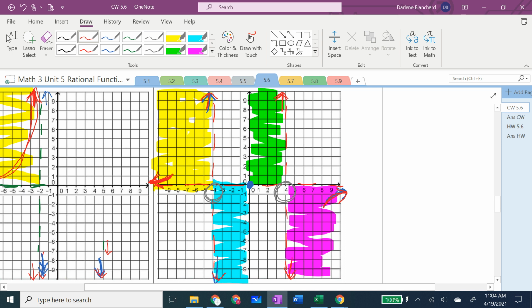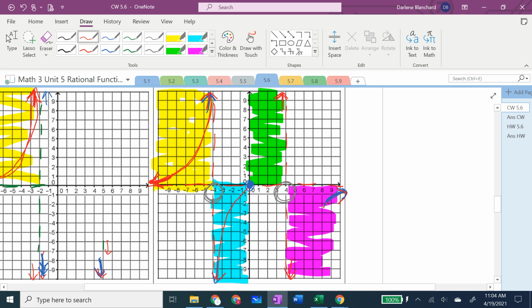Now, there is one point that I found, the origin. I just need to connect these together. So in my yellow section, I just have to connect these and curve somehow like that. In the blue highlighted section, I have to come up to this x-intercept.